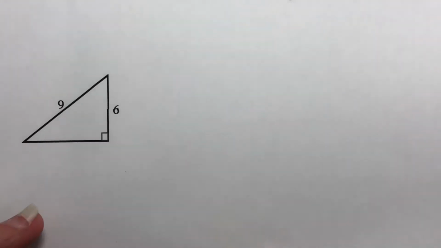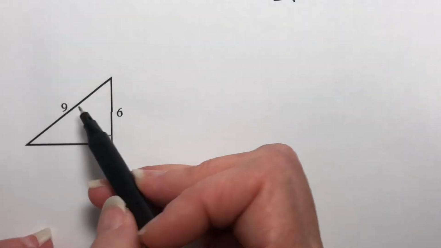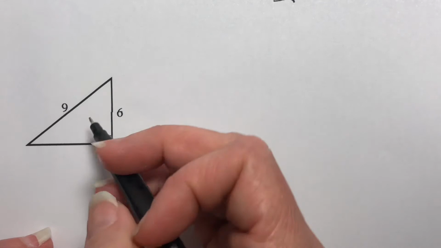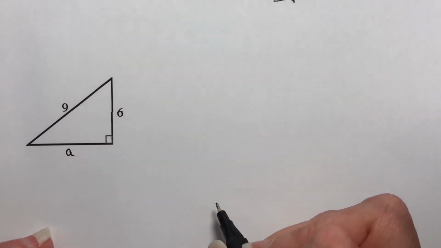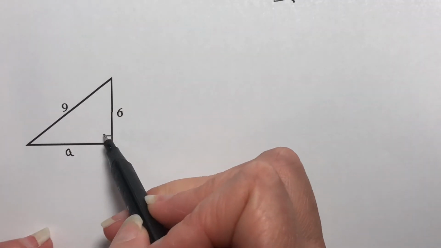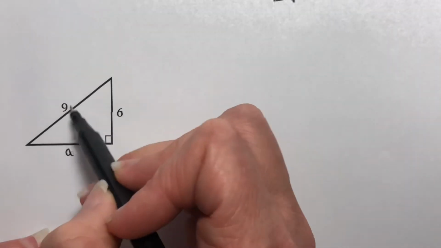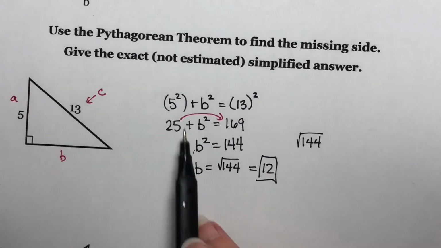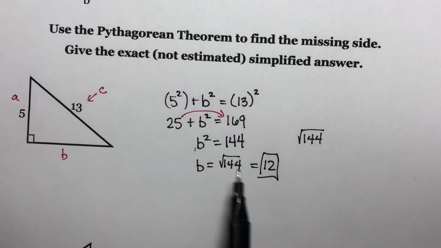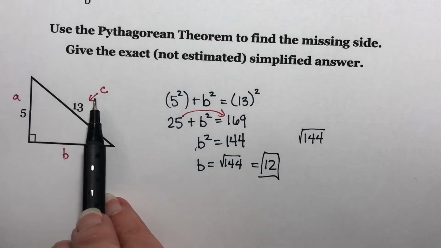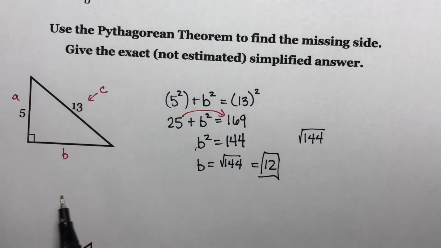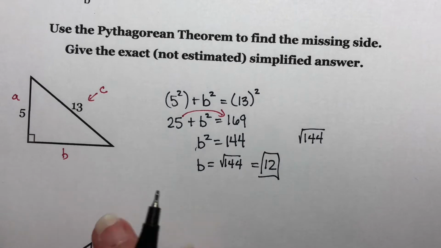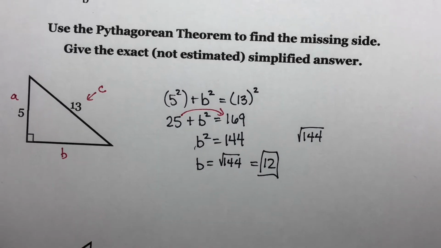Okay, let's try this here. I'm missing a side. Let's call this one A just because I did B on the other. These are my legs because they make up the right angle. This is 9. Just like up here, I said that the hypotenuse is always the largest number. We got 12 there, and that's true. There are a couple of other things you can do to check your answer on these triangles, and I'll show you that at the end, okay?